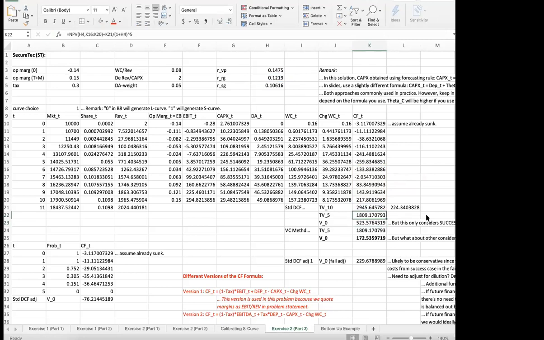And so what do I have so far? So far I have an estimate of what the exit value of Secure Tech will be, conditional on success. So that's about $1.8 billion.